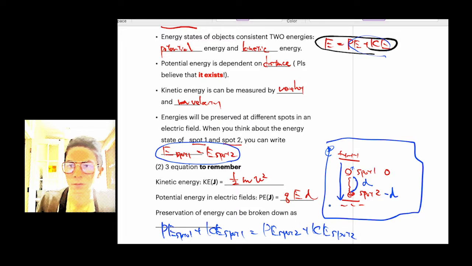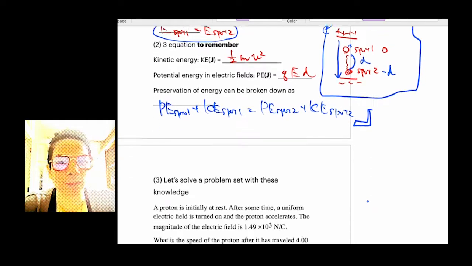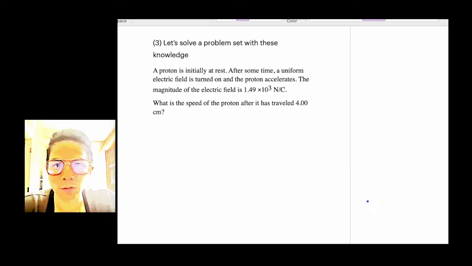When you solve a problem about potential energy and kinetic energy, you always want to start with this equation. If you remember this one, basically 80% of the problem is done. It's that simple. So let's use this knowledge to solve a problem set.